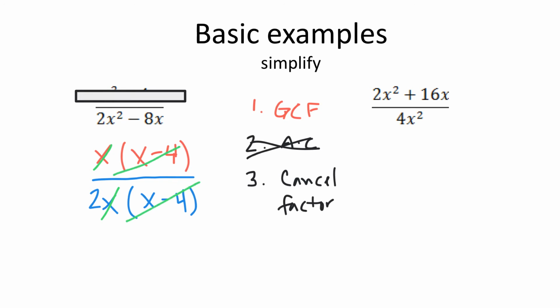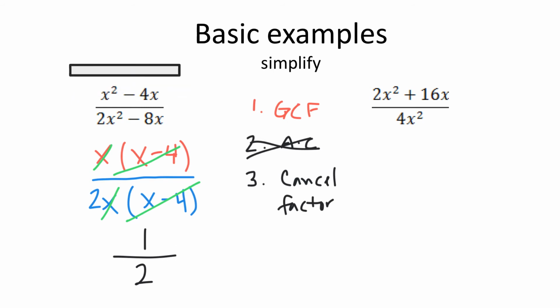That set of parentheses, that factor, is identical, so it cancels out. So what I'm left with is I basically don't have anything on the top, so I just have to write a 1 over 2. So in essence, what this is saying is that this fraction right here, this x squared minus 4x over 2x squared minus 8x, will reduce to 1/2.